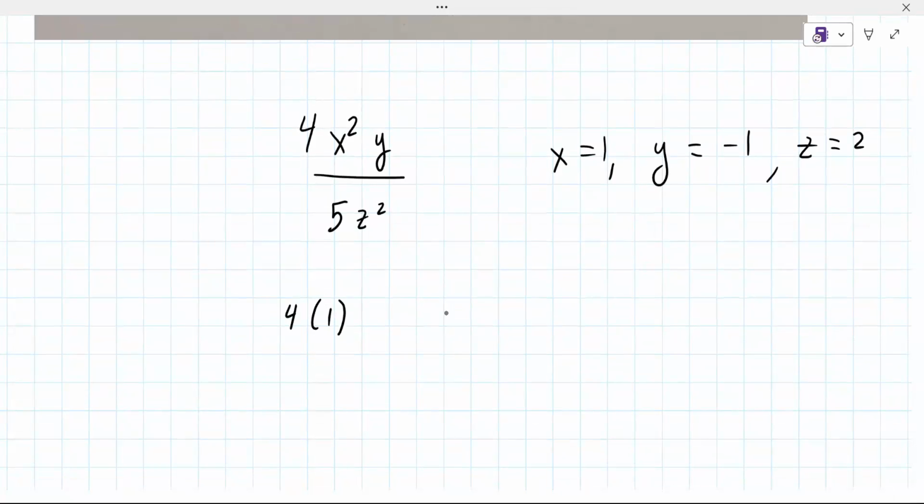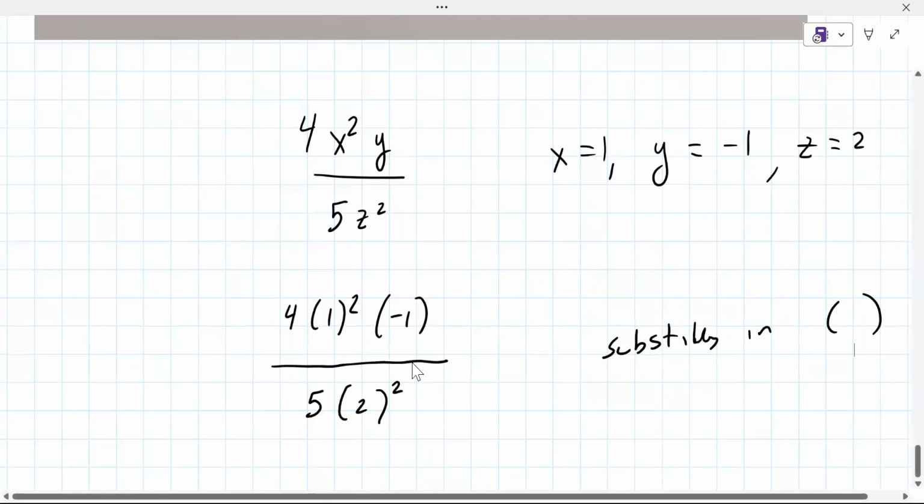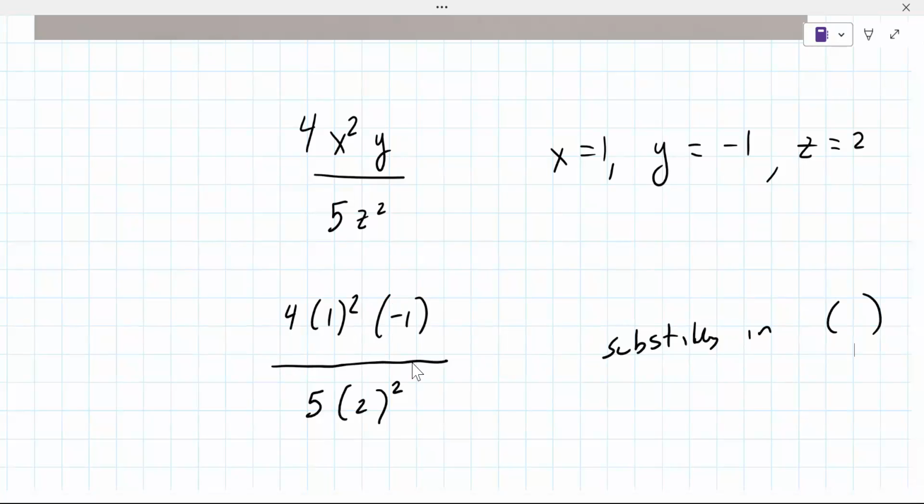So if x is really 1, y is -1, and z is 2. Now notice I'm substituting in parentheses. If you do that and you use a calculator, you will never get the answer wrong. Now, if you don't do that, or if you aren't sure how to evaluate it by hand, you will definitely make mistakes. So I'm strongly suggesting that you use parentheses.